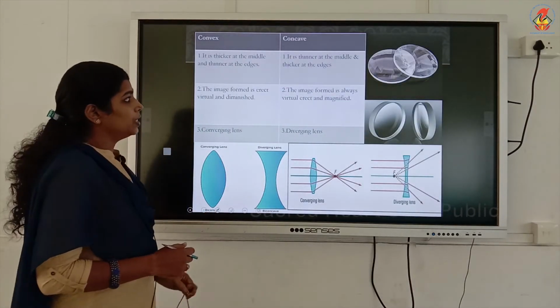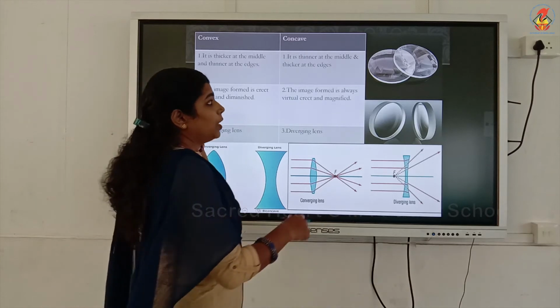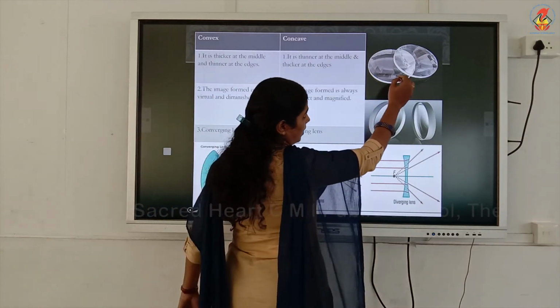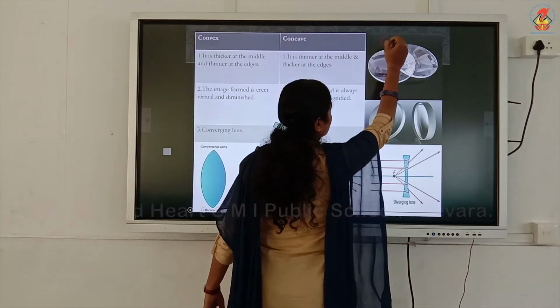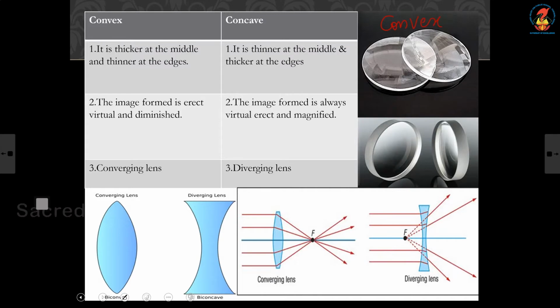Here the difference is given. This one is a convex lens, and this one is a concave lens. A convex lens is thicker at the middle and thinner at the edges.